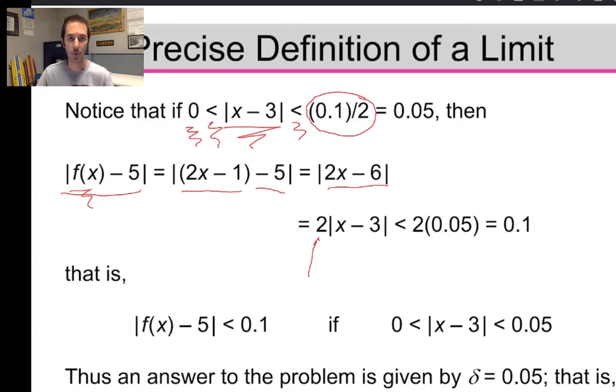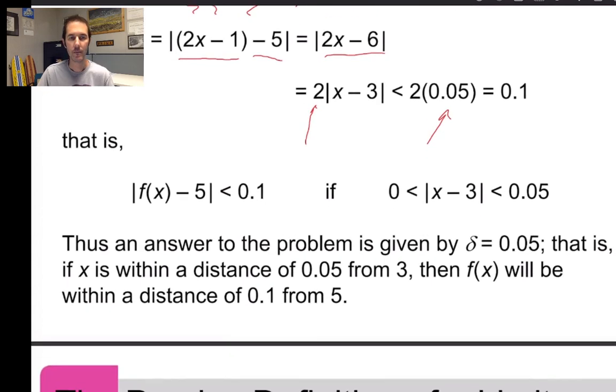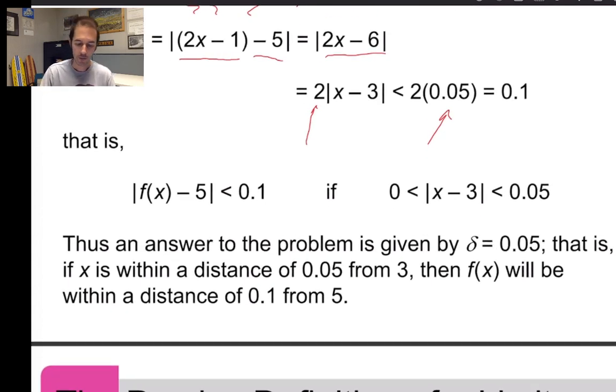That's the 2 that we're dividing epsilon by in order to arrive at a delta value of 0.05. In other words, we stay within 0.1 in the y direction as long as we stay within 0.05 in the x direction.